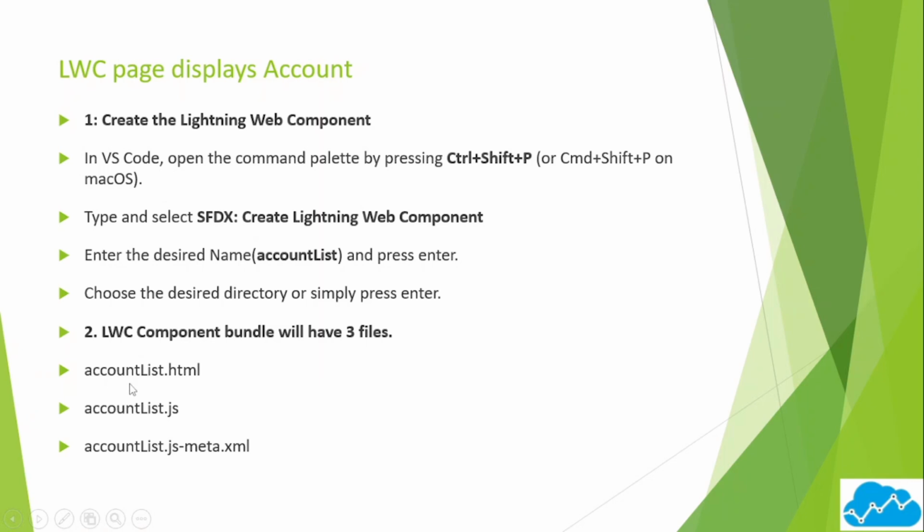In our case accountList is the component name, and by default it is going to create three files at a time: accountList.html, accountList.js, accountList.js-meta.xml. All these files have different roles and responsibilities to build the component.